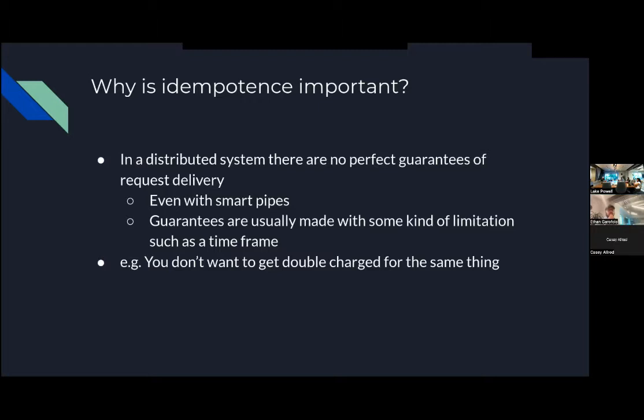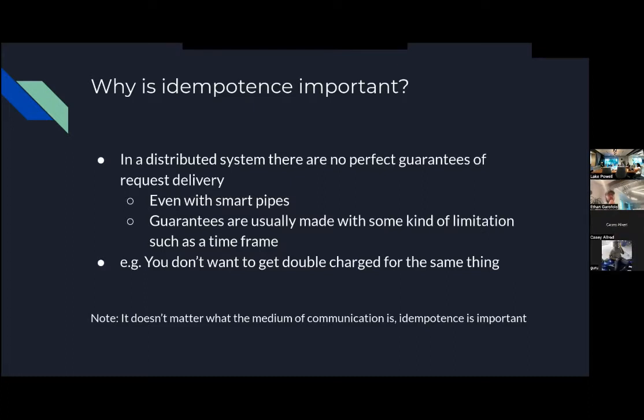It could fail delivery, it could fail and try again, all sorts of stuff. It doesn't matter what the medium is. It could be Kafka events, or HTTP requests or anything. We have to be mindful of that and defensive against it, or else we will end up with incorrect state in our applications.